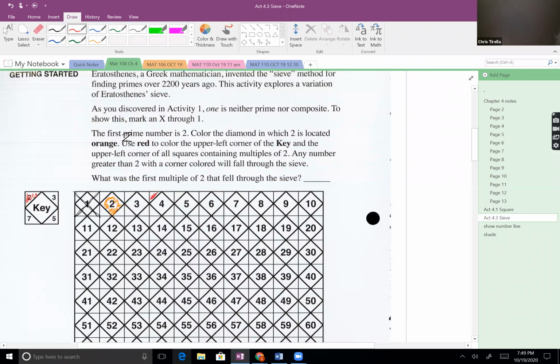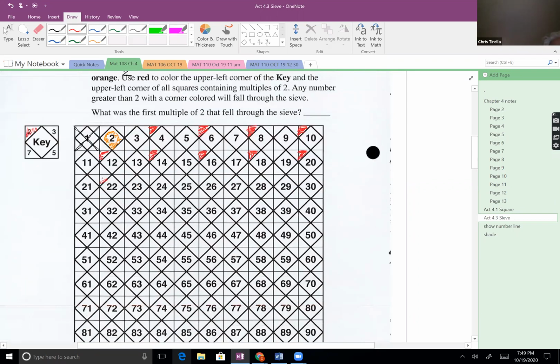No, but 4 is. 5 is not. 6 is. 7 is not. 8 is. And how would you describe all of these numbers that we're considering multiples of 2? Can anybody think of a word that describes our multiples of 2? They're all even. Yeah. And so for each of the even numbers, we're going to color in that upper corner red.